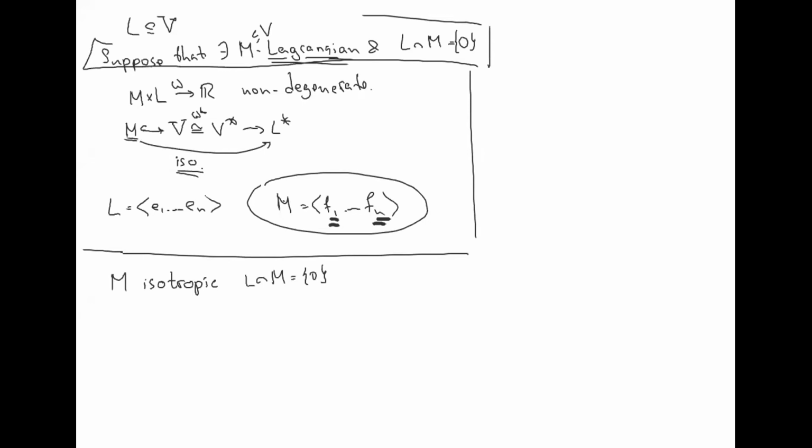Of course, such an M, maybe called M prime, for example, a zero-dimensional space. Isotropic, and okay, yes, of course. And take, so we have such an isotropic M.